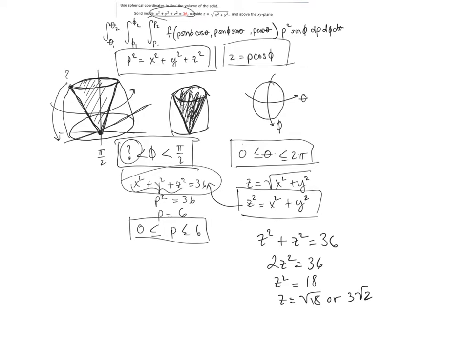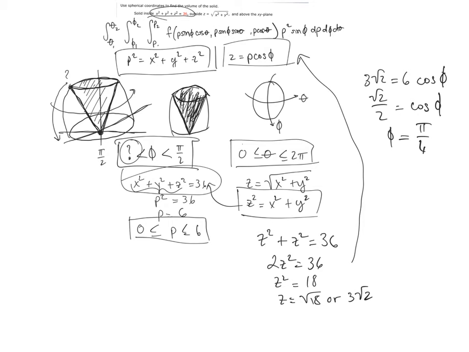Now you have z. I am just going to plug it back into this equation right here. So z is 3 root 2, equal to rho, which is 6, cosine of phi. Now it's very straightforward to solve for phi by dividing both sides by 6. You get root 2 over 2 equals cosine of phi, and take the arc cosine of both sides, you'll get pi over 4.